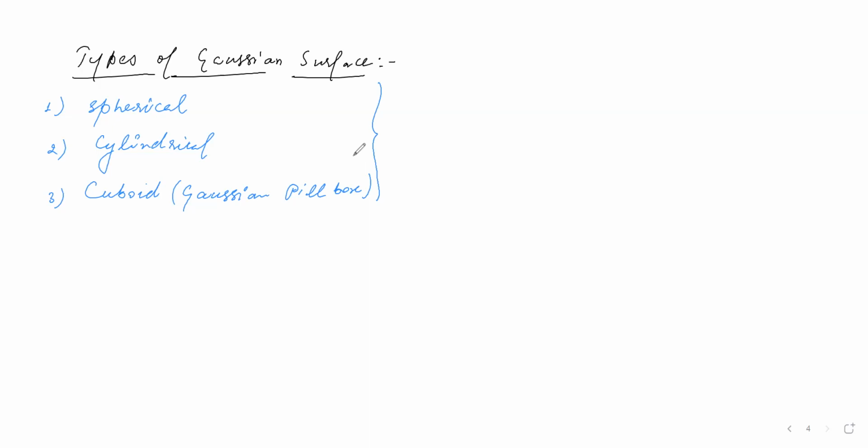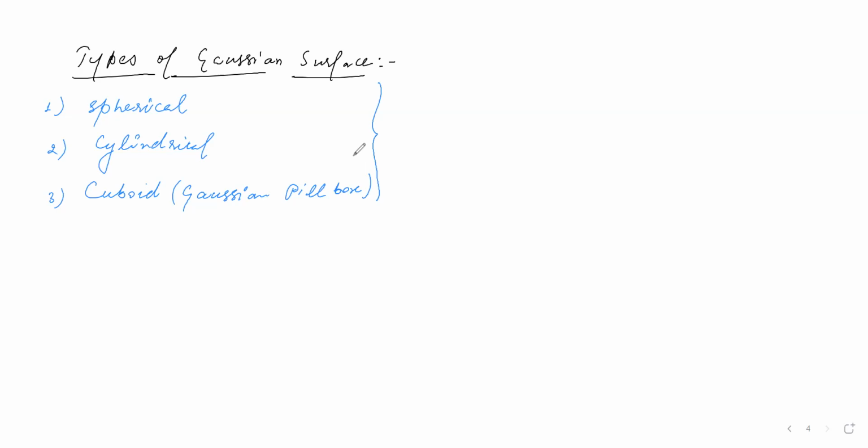According to Gauss law, you can choose your own Gaussian surface according to your own convenience. It doesn't matter which type of Gaussian surface you choose, the only thing that matters is that your Gaussian surface should be closed. Are you clear? Yes, sir.